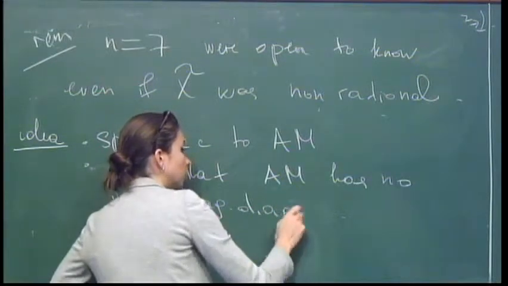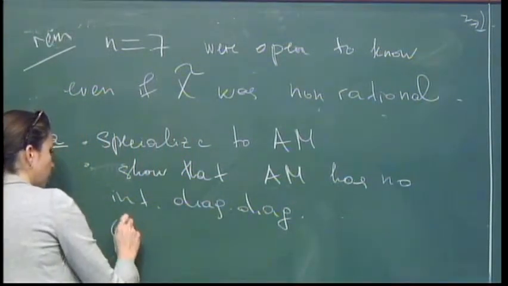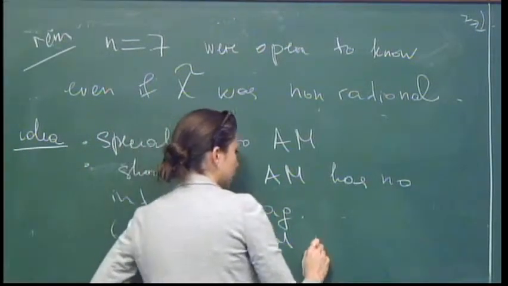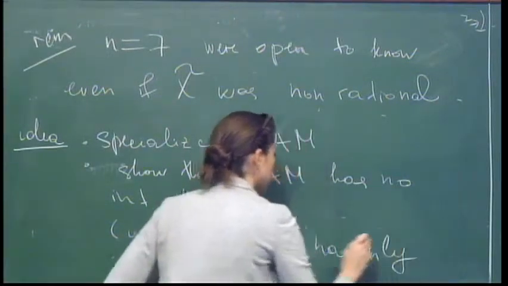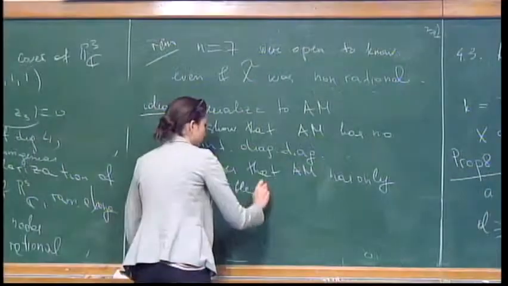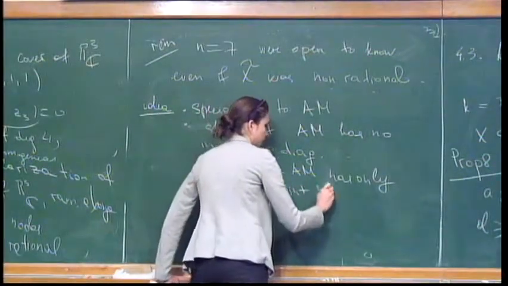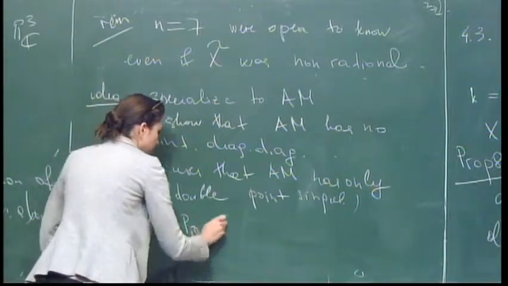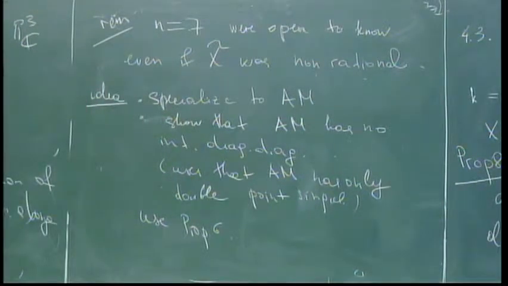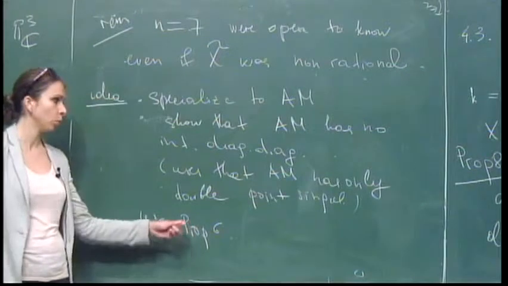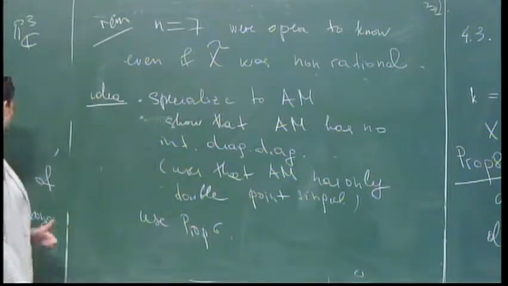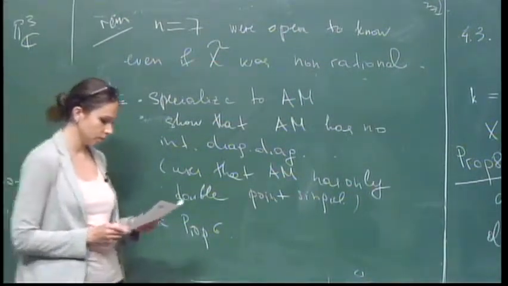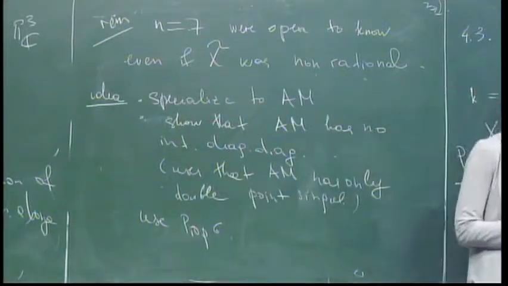And here the singularities turn out to be important: the fact that is used is that the Artin-Mumford variety has only ordinary double point singularities. And then use proposition 6, which was a proposition about behavior in a family: if you have one bad point where you have no integral decomposition, then it's also the case for a general member. So let me keep it like this for the moment, and let me explain in more detail in the case of quartics.